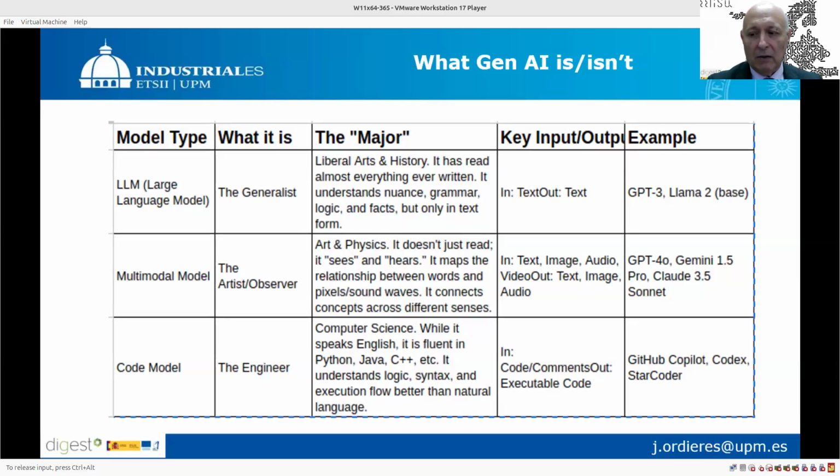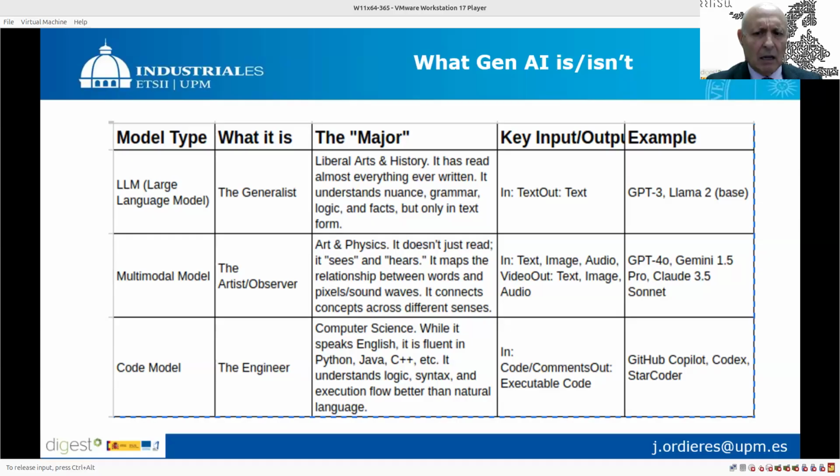That produced the famous GPT-4o, Gemini first versions, Claude 3.5, etc. And then there is also another branch of LLMs specialized in producing code, making it possible for them to write code in Python, in Java, in C++, in many other languages.